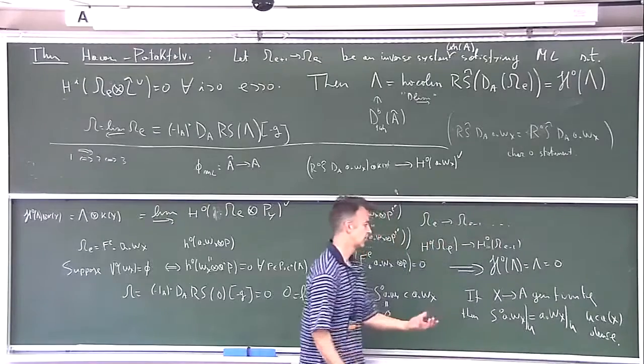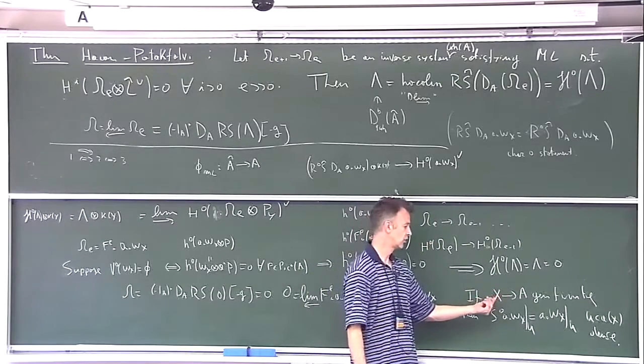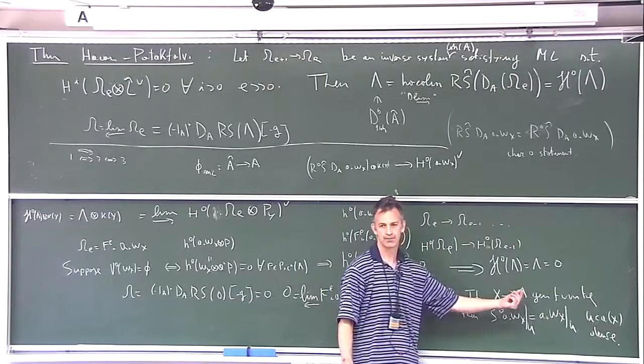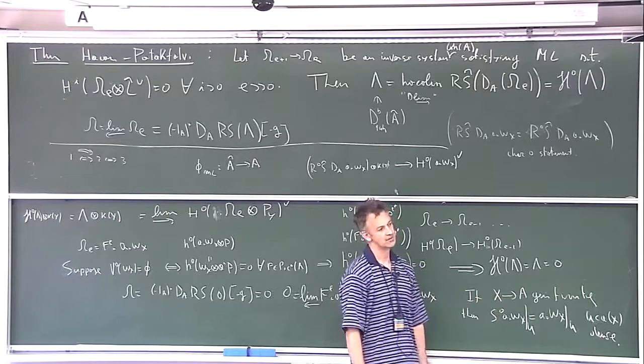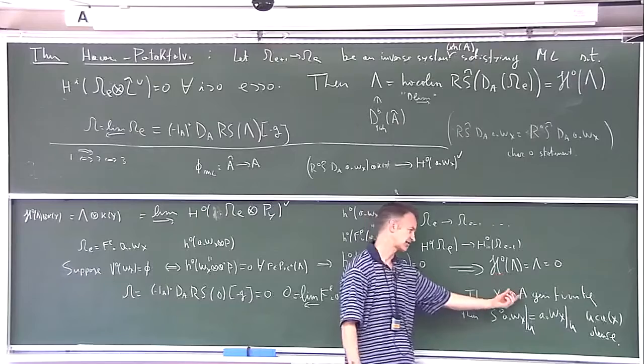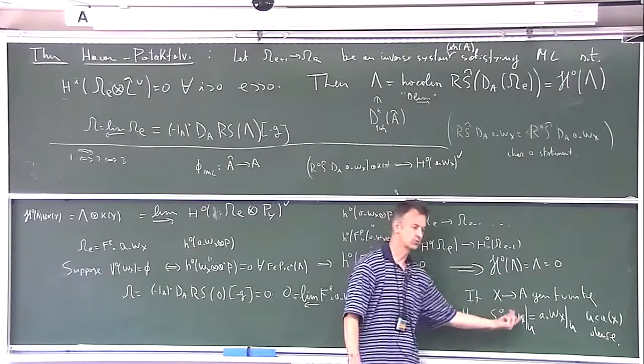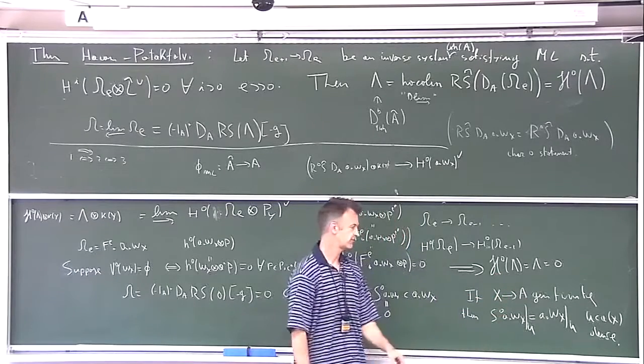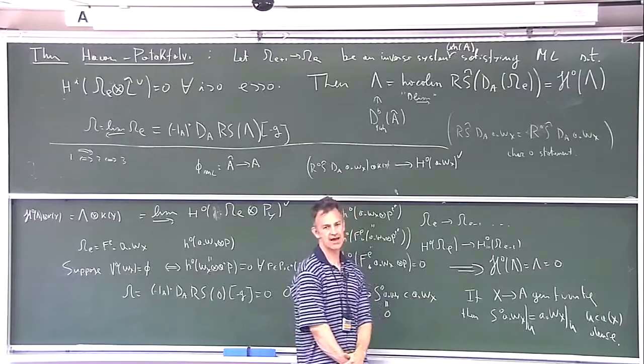Maybe look at the set U over which this map is étale. Let's assume that this map is separable onto its image. Then look at the dense open set where it's étale, and this will be equal to that. So if you assume that this map is generically étale, then that has to be non-zero.